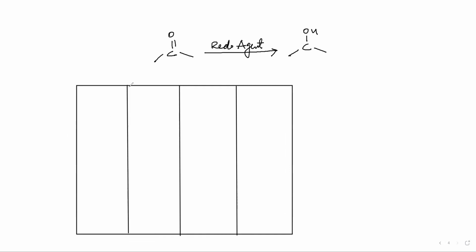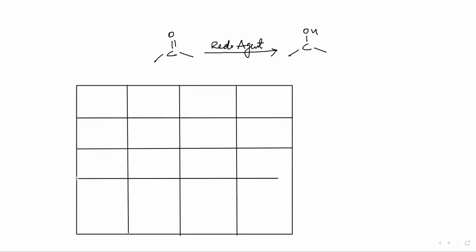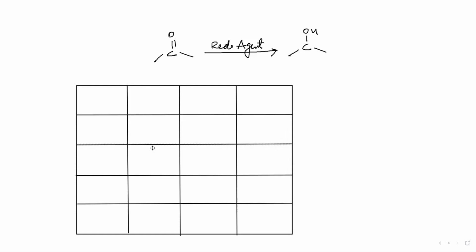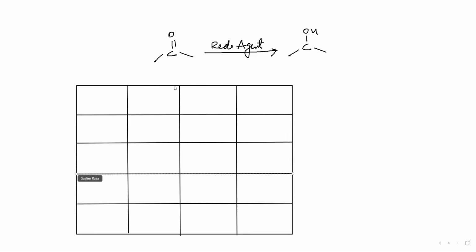First of all, let us take aldehyde and ketones. Then we can take aldehyde, ketone. This will be for acid, this will be for esters, and the last one will be for acid chloride.